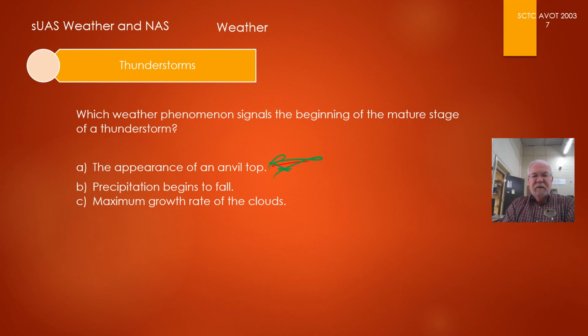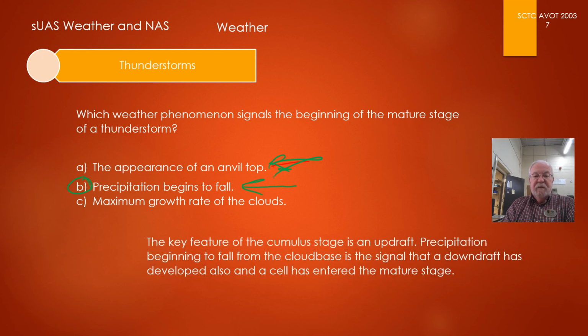Maximum growth rate of the clouds, not necessarily. Precipitation begins to fall. Precipitation begins to fall, and there are updrafts and downdrafts. Key feature of the cumulus stage is updraft. Precipitation beginning to fall from the cloud base is the signal that a downdraft developed also, and a cell has entered the mature stage. That was the question, mature stage.